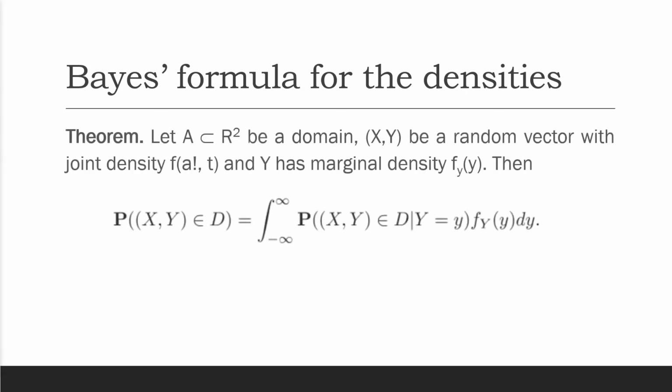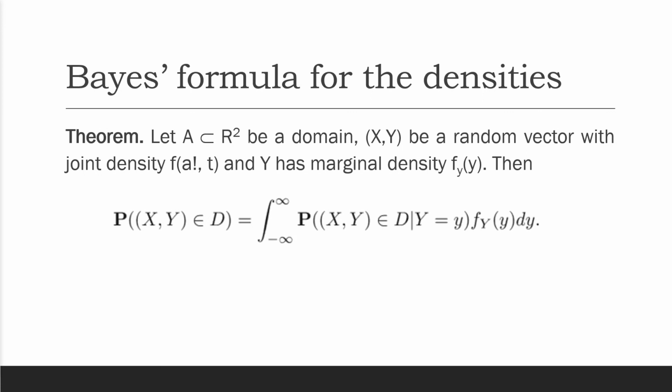Okay, so let's have another theorem. Let D be a domain in two-dimensional R. Let x, y be a random vector with joint density f of xy, and y has the marginal density f of y.